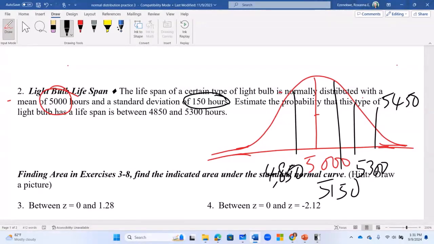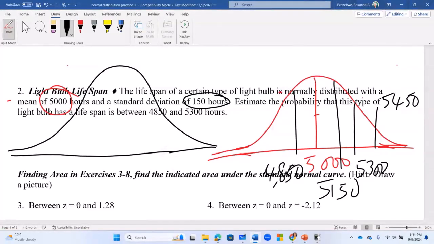And so on. But the question told you to draw a standard normal curve and put your answer. Since the mean is 5,000, I just put 0 there, because I know that if I standardize it, I'll get 0.